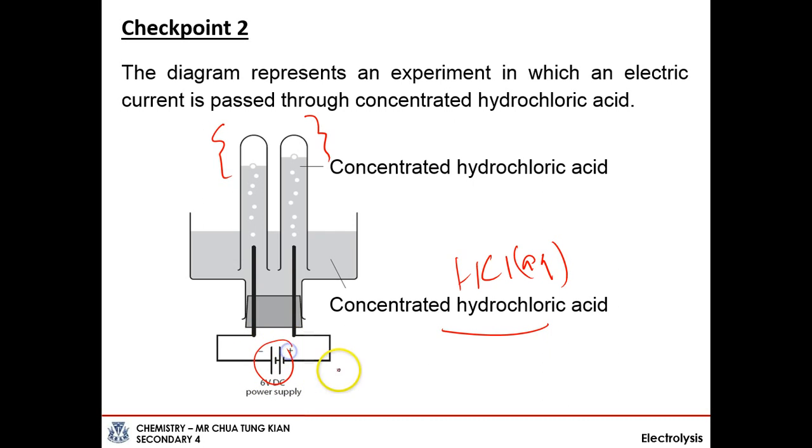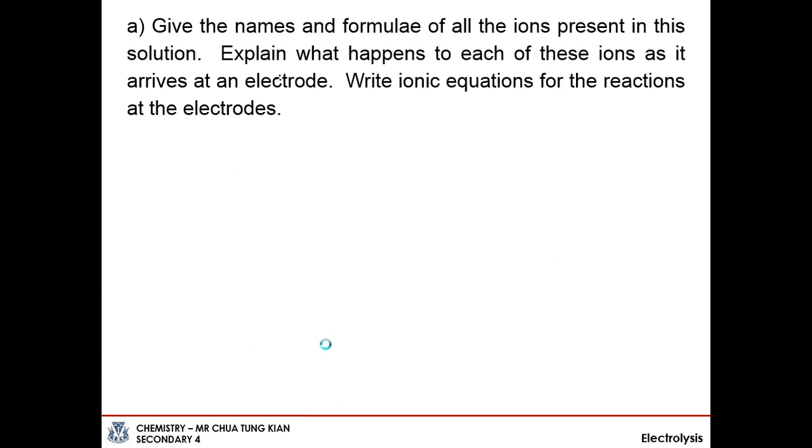It should be this, because the longer line represents the positively charged terminal, the shorter line represents the negative terminal. Okay, so let's move on to the question proper. What are the names and formulas of all the ions present in the solution? It is HCl. So what ions are present? What happens when each of these ions arrives at an electrode? Which one goes to which electrode? And what are the ionic equations for the reactions at the electrodes?